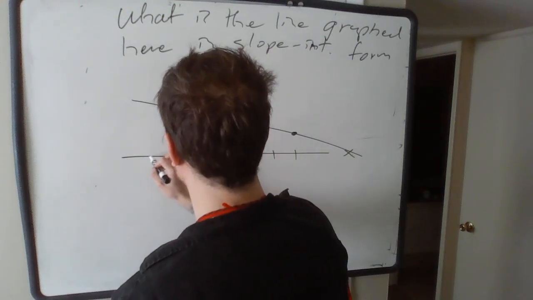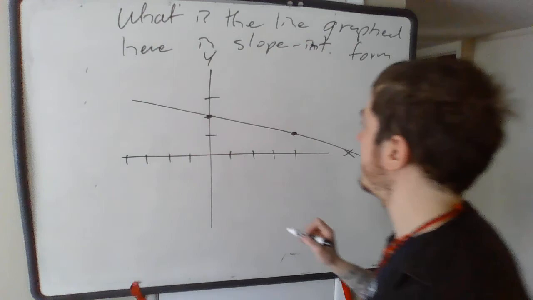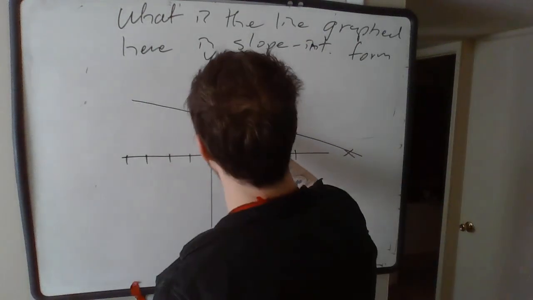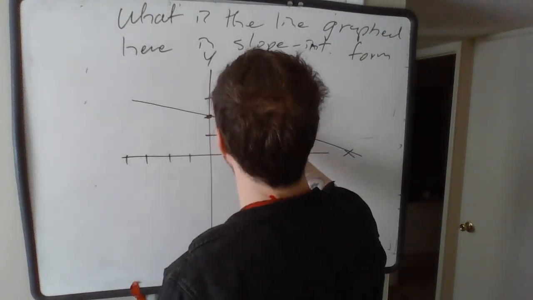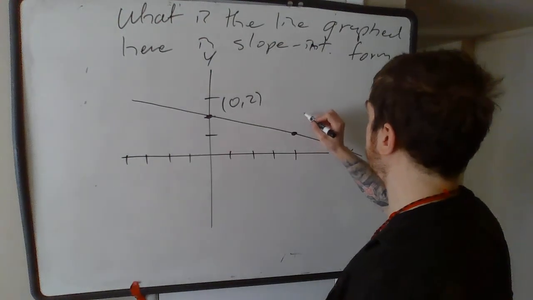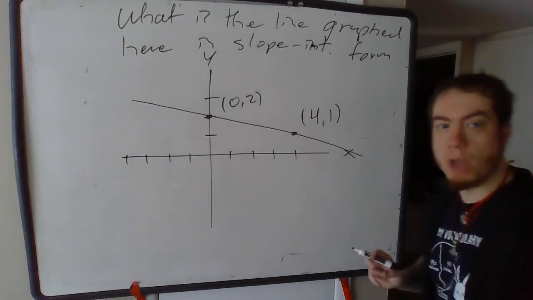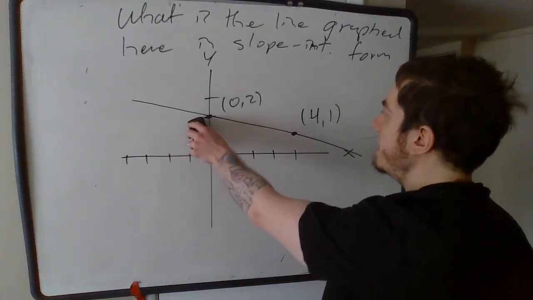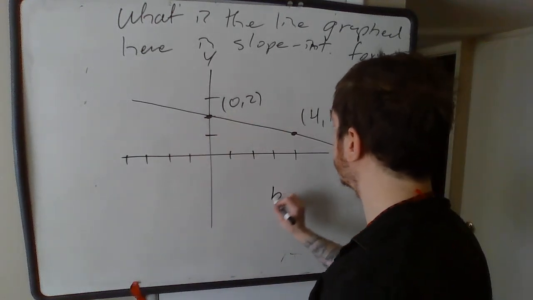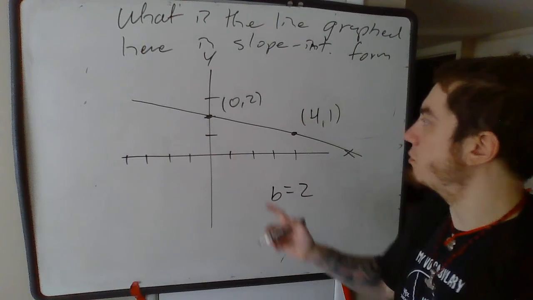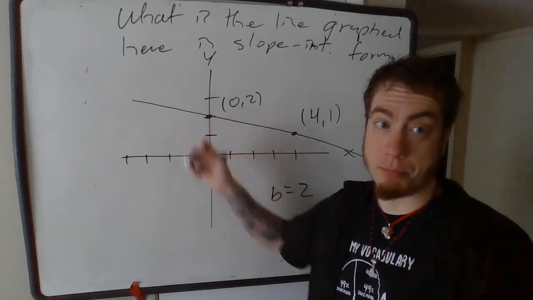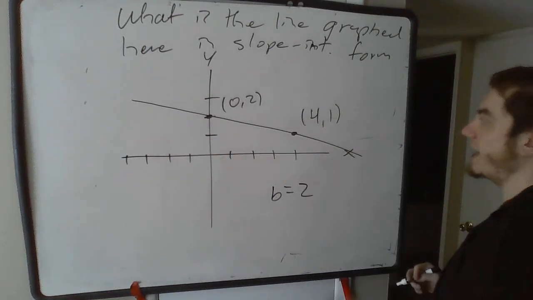So if I look at this, let's suppose that I know that this goes through the point (0, 2), and then it goes through the point (4, 1). Well, I can see immediately that the y-intercept is going to be equal to 2 because it just goes through that point on the y-axis.